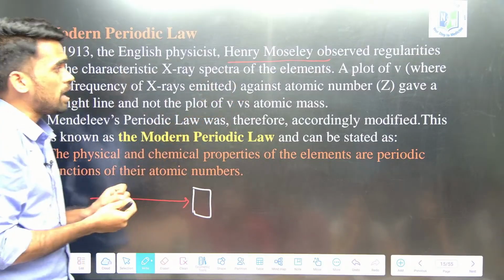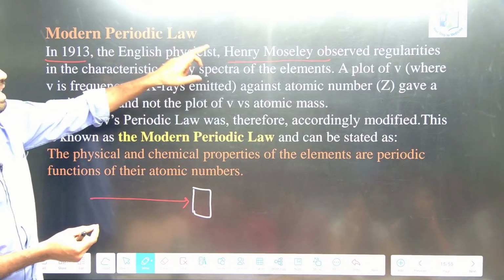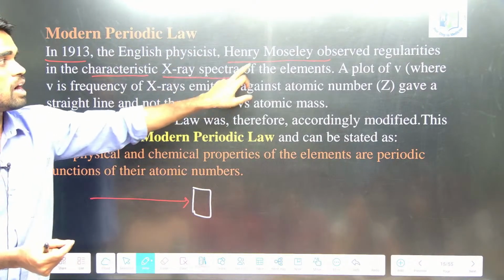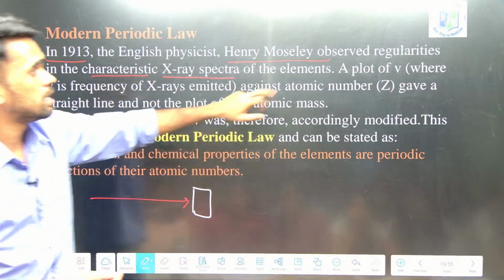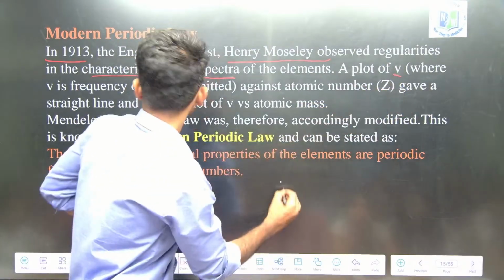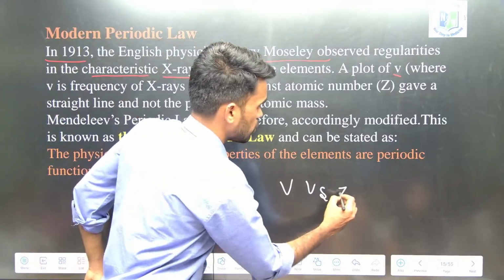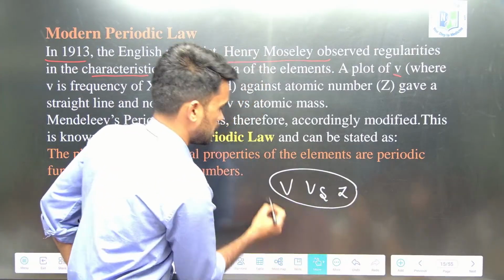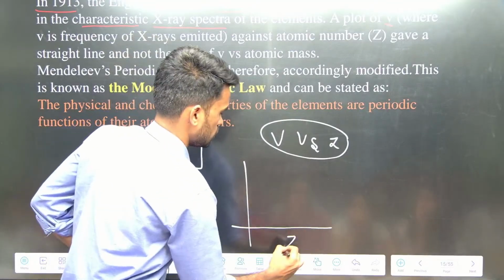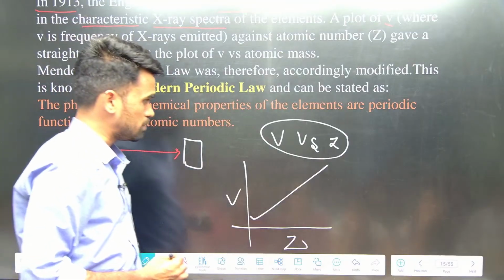In 1903, English physicist Henry Moseley observed regularities in the characteristic X-ray spectra of elements. He plotted the frequency, nu, versus atomic number, and observed a symmetrical increment.